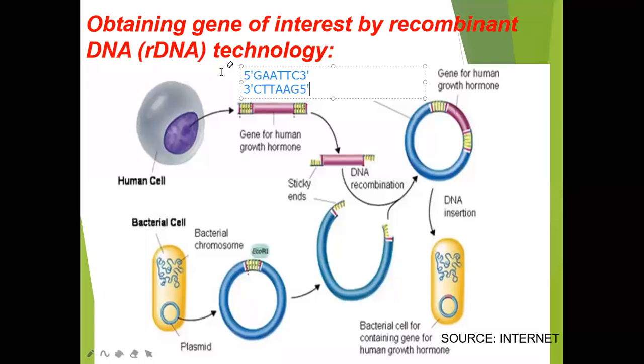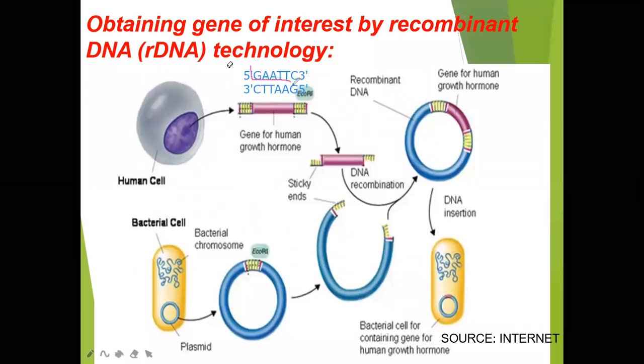Between G and A. I'm going to make a cut between G and A, in the sugar phosphate backbone. Sorry, I have to clear it. Let me draw it again.